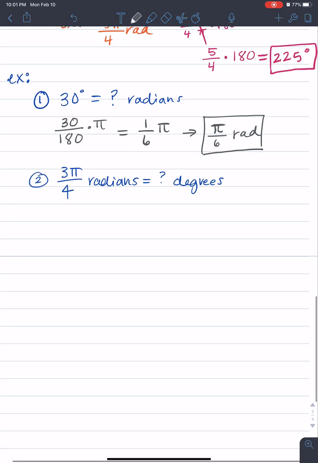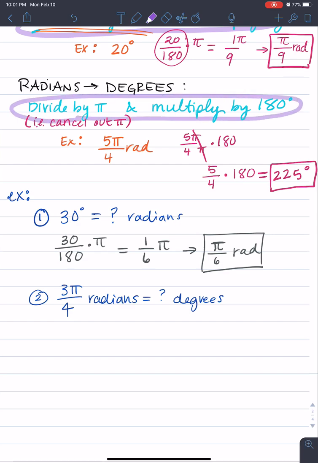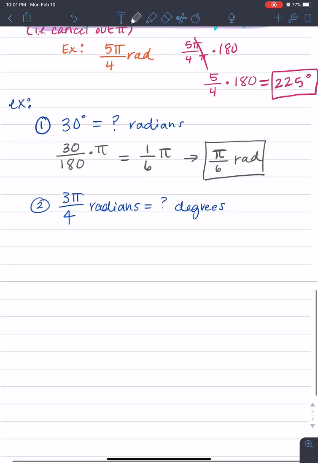Okay, the next one is radians to degrees. So that's going to be dividing by pi and multiplying by 180. So remember the divide by pi, that's just taking your pi and canceling it out. So the first thing you really need to do is drop the pi. And we're going to get 3/4.